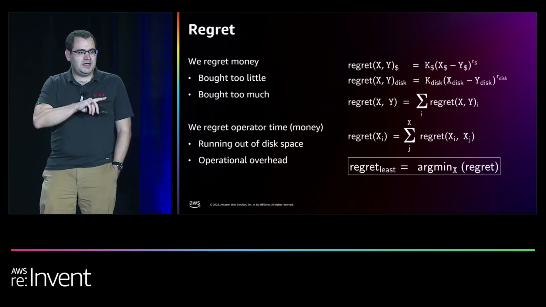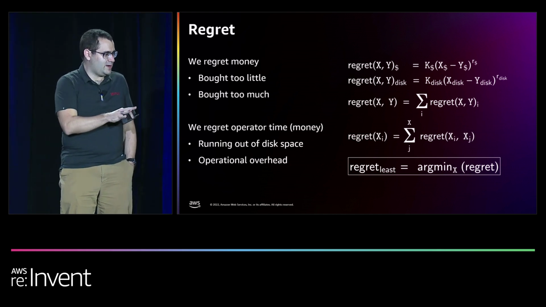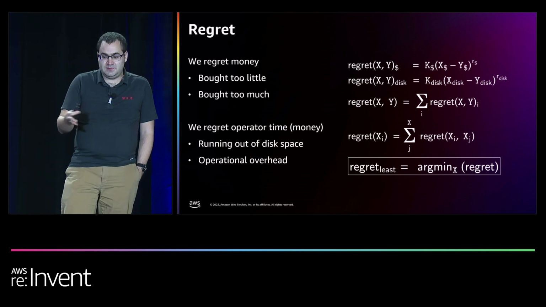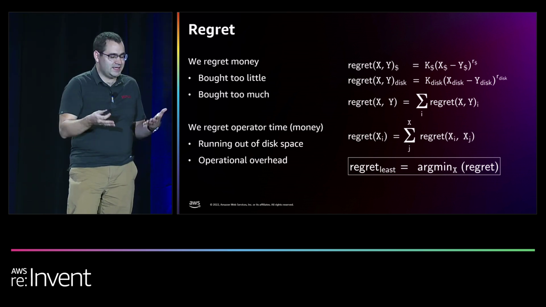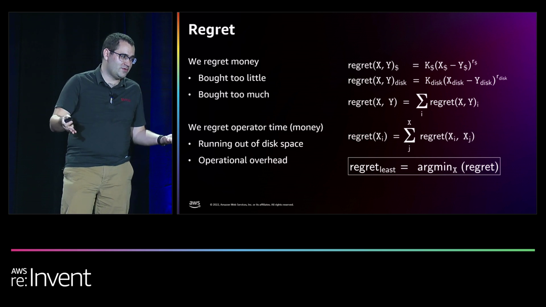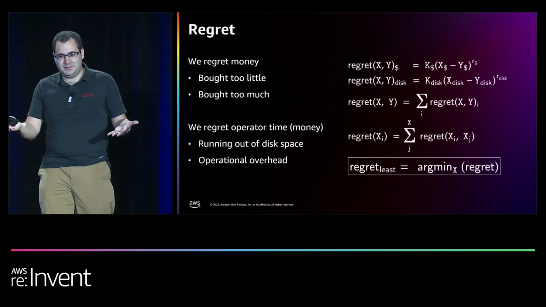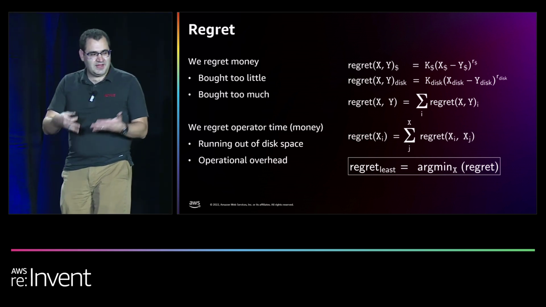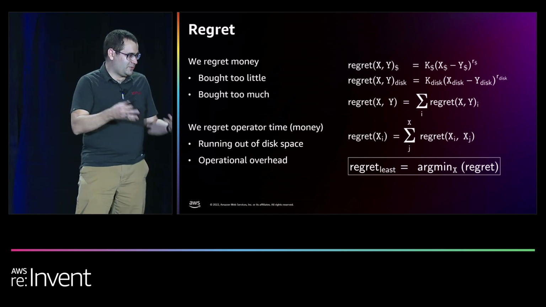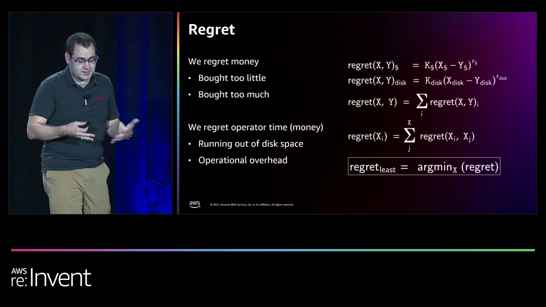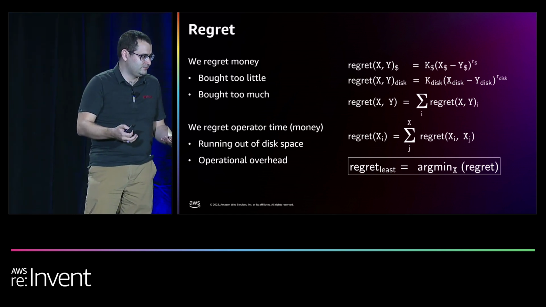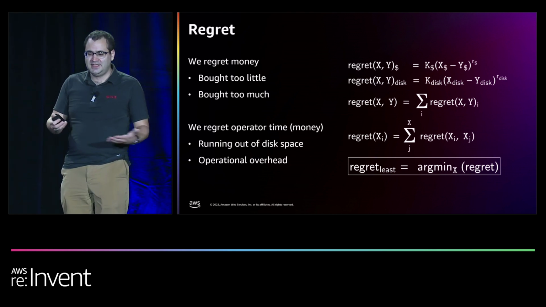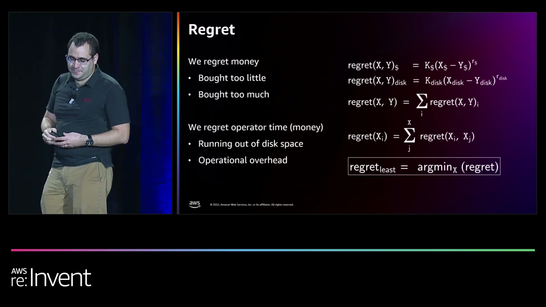How much your organization cares about these different kinds of costs depends on your organization. For example, a startup probably cares more about over-provisioning than under-provisioning because they don't have a lot of money. A company like Amazon probably cares about over-provisioning and under-provisioning and having an outage. Don't want to have a shopping outage. Don't want to have Netflix go down.